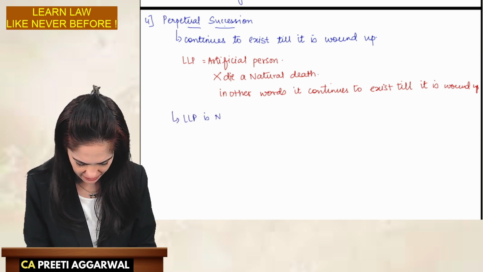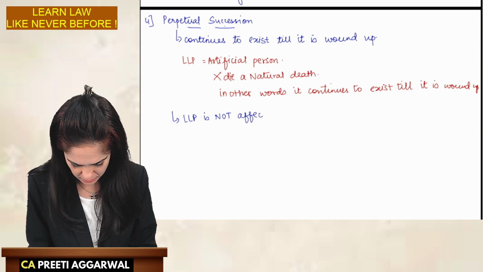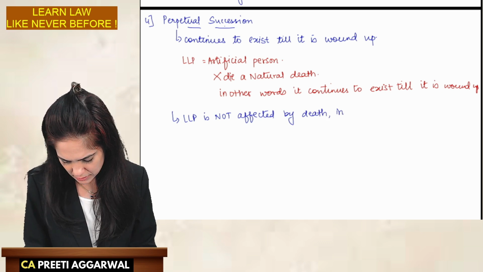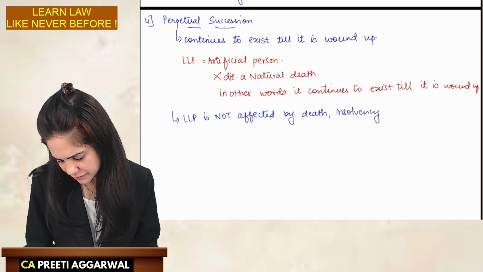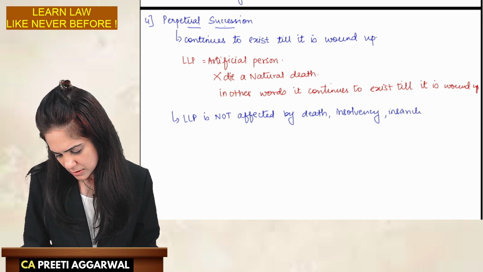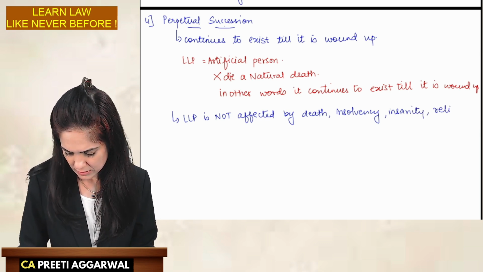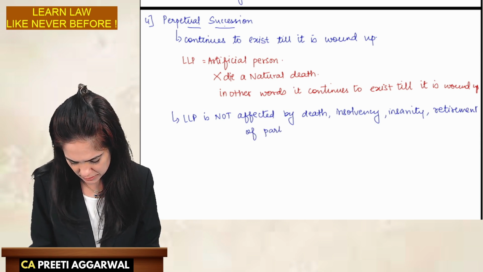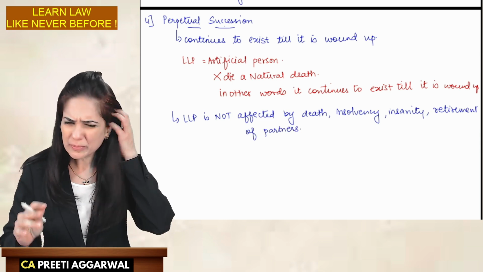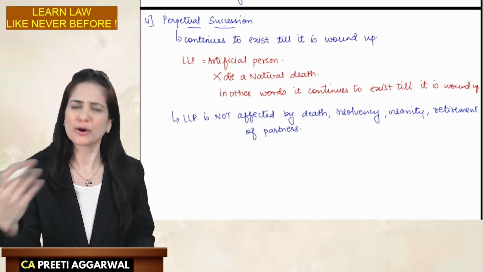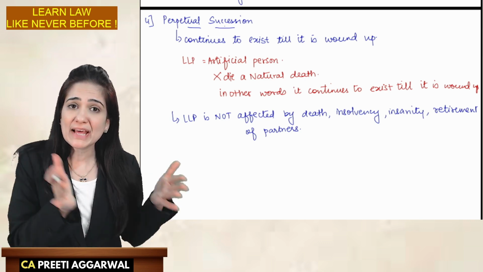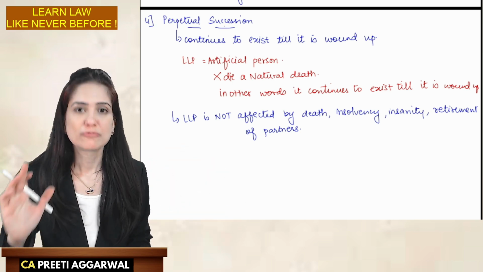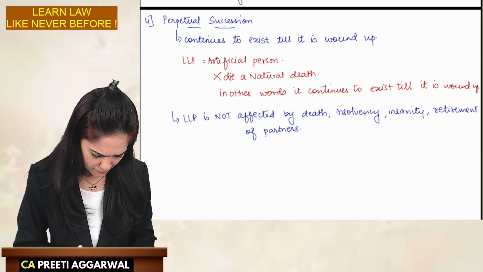LLP is not affected by death, insolvency, insanity, retirement of partner. See, you may have to communicate all this to ROC, but will the LLP's status change? No, it continues till it is wound up. So that is nothing but perpetual succession.